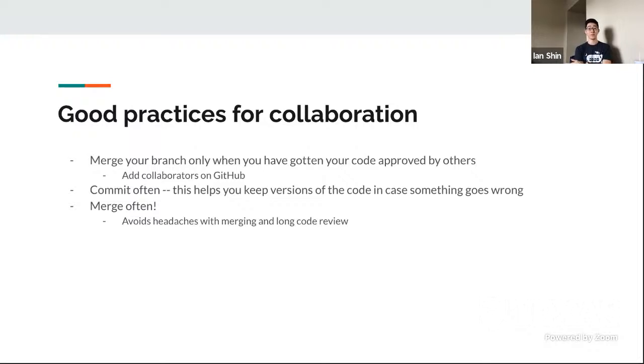It avoids headaches with merging, because there are likely to be fewer merge conflicts, since there aren't as many moving pieces, and it saves the code reviewer from doing a long code review. So merging often adds incremental changes to the master branch and the production branch, which is really, really helpful. And you don't want to have a branch for multiple months, because then it makes it harder for you and the code reviewer.